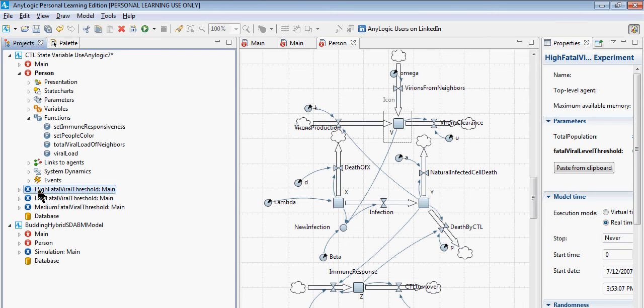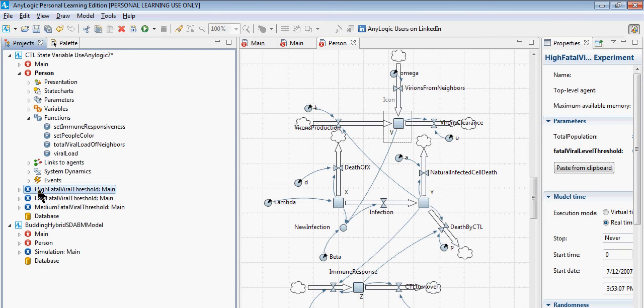So you notice there's virions from neighbors. We have here omega times total viral load of neighbors. Total viral load of neighbors is a function which simply goes over each neighbor and totals up the viral load from those neighbors.